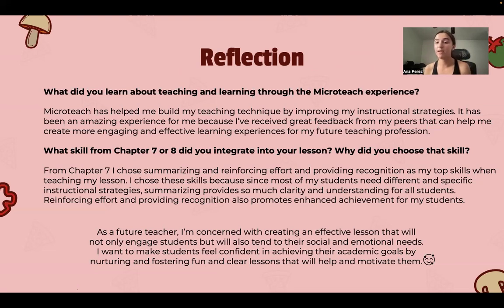And then throughout my lesson, I was really emphasizing encouragement, trying to encourage the students, and pacing my lesson nicely and at a good pace. That way, my ELL students or my ESC students wouldn't feel left behind.